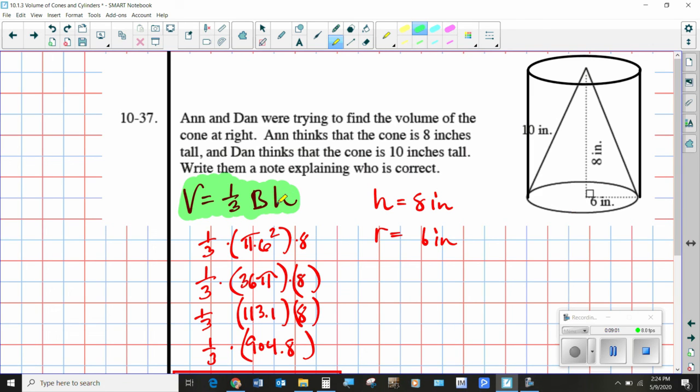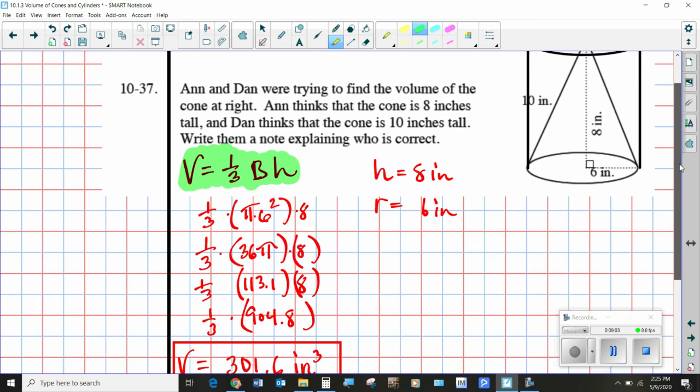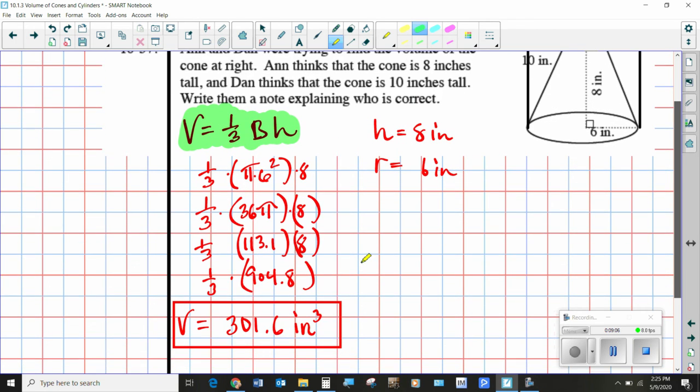And then just use your calculators from there and use your pi button if you're dealing with cones and cylinders. If you're dealing with prisms, then you just use your area models to find those base areas and use your calculator to help you along the way.